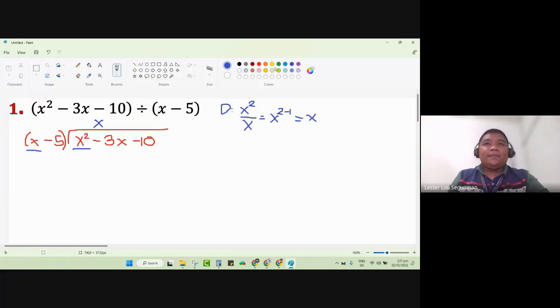The second step is the step of multiplication. It means we are going to multiply our first quotient, placed here at the top, x, by your divisor, which is x minus 5. Take note that you are multiplying the entire binomial by the monomial term here.